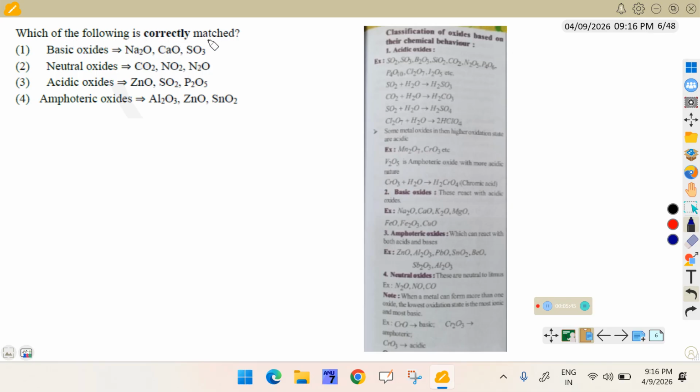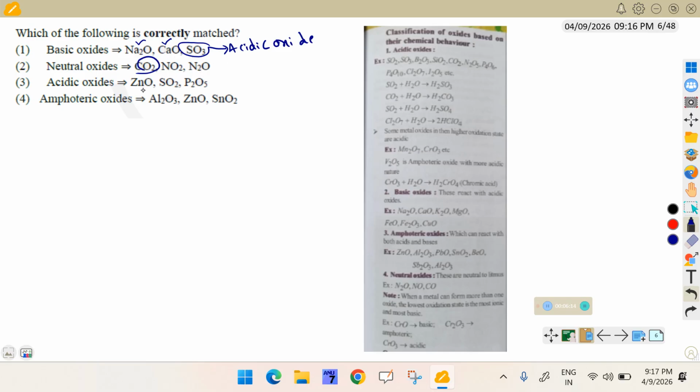Which of the following is correctly matched? Basic oxides: Na2O, yes, basic oxide; CaO, basic oxide; SO3 is an acidic oxide. So the first option is wrong. Neutral oxides: CO2 is not a neutral oxide, CO2 is an acidic oxide, so the second option is also wrong.